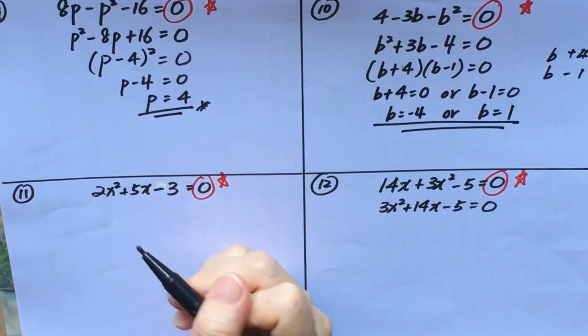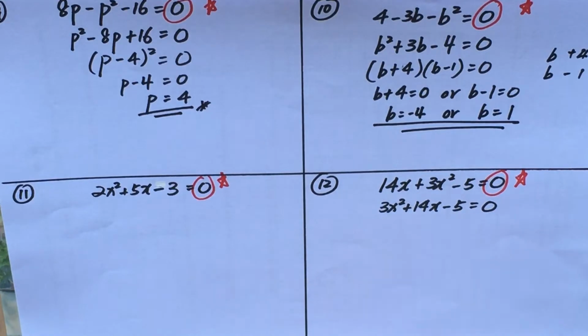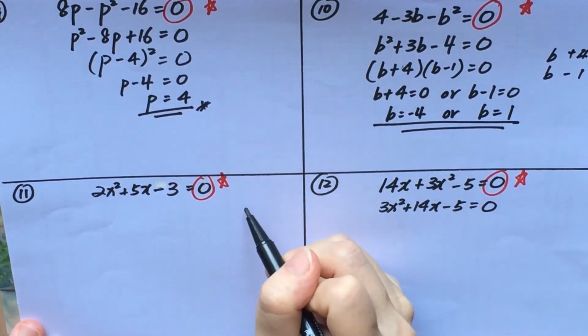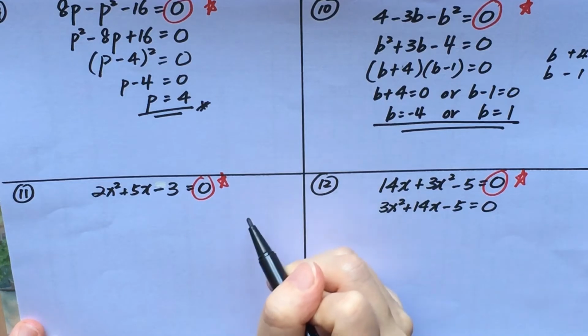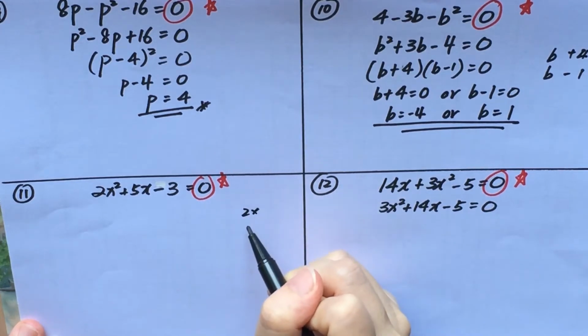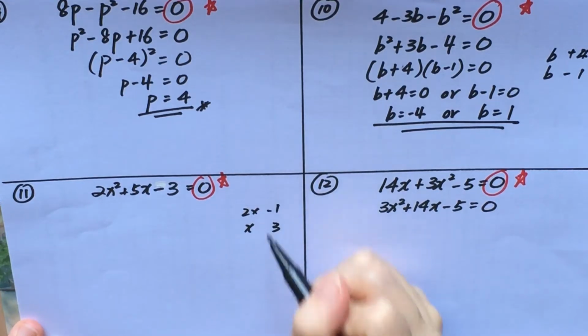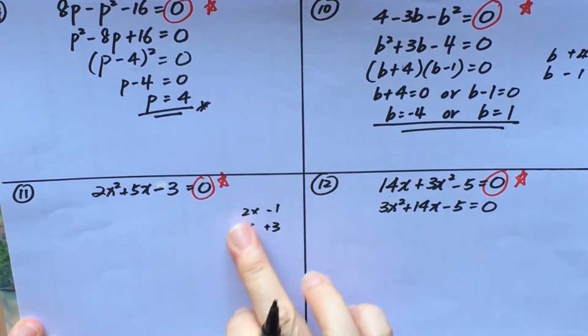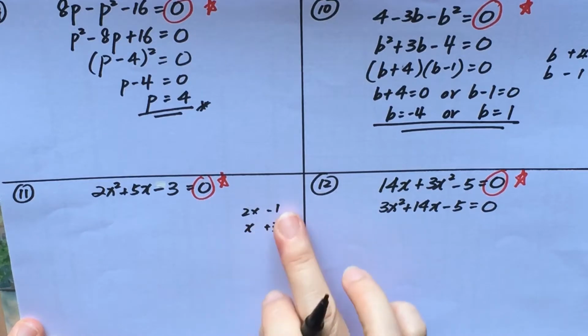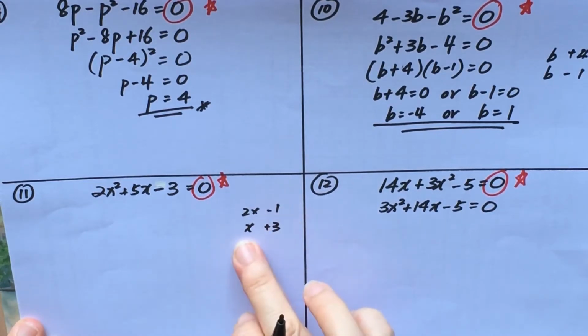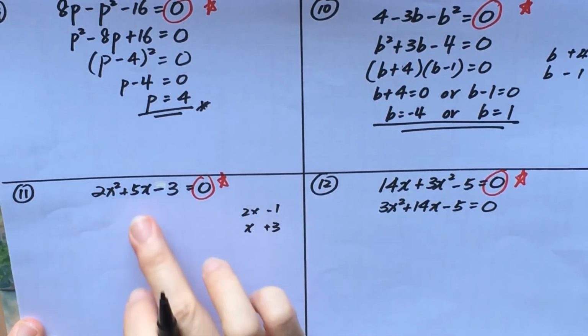Next one, 2x squared plus 5x minus 3. Again, this is not a perfect square, so I'm going to use the cross method to factorize. I'm going to get 2x and x, and then maybe 3 and negative 1. Why 3 and negative 1? Because 3 times 2x is 6x, minus 1 times x, which is x. So 6x minus x, that will be 5x.